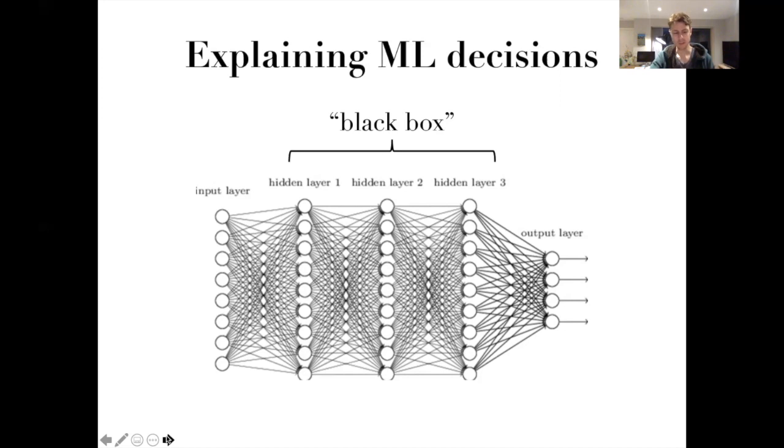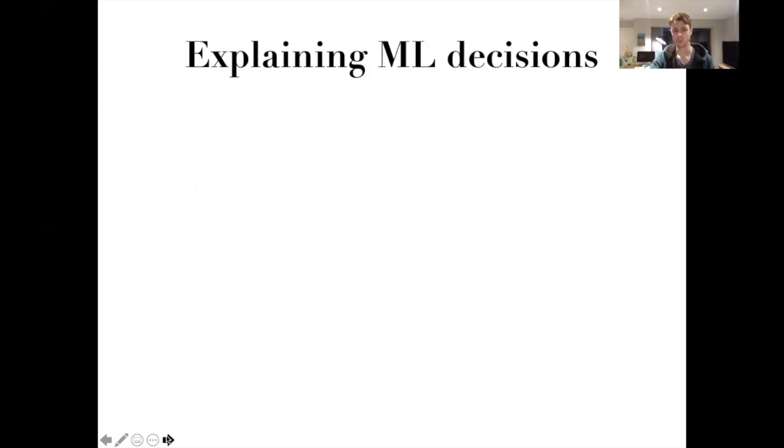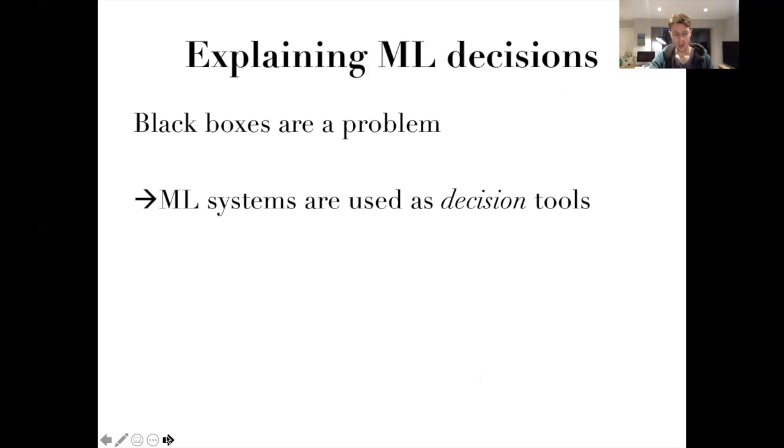But the main one is that these systems are used as decision tools. They're not just supporting, they're increasingly supplanting human decision makers in all sorts of areas. So we're not just using them to predict a person's weight from their height. We're using them to determine what someone's risk of reoffending, for example, might be after serving time in prison, where we should be deploying police patrols in a community, whether to grant someone a loan, whether someone is entitled to welfare, all of these sorts of decisions.